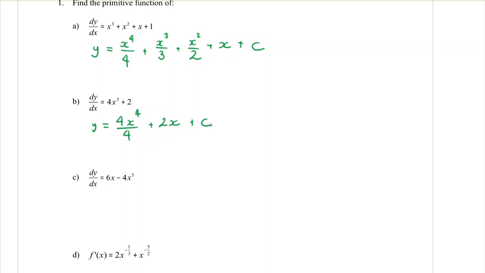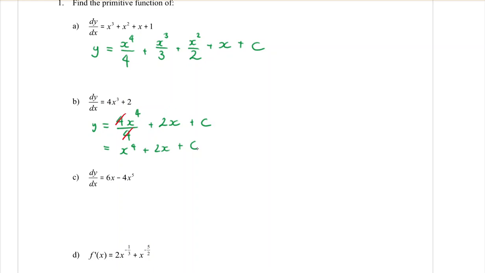So I would just do an extra line here so that I could cancel the 4 from the top and the bottom of that first term. So x to the power of 4 plus 2x plus c would be my primitive function. We will be finding out what c is towards the end of the examples. You have to be given more information to work out what that constant is.